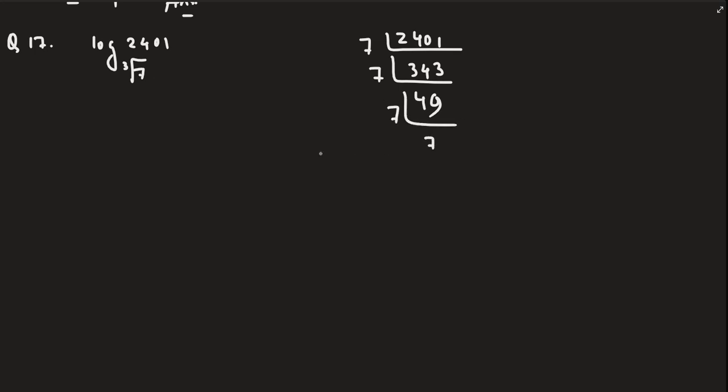Okay, now it is 7 power 4. So this number is 7 power 4. The base is 7 power 1 by 3. So 7 power 1 by 3 to which power gives 7 power 4? We multiply this number by which quantity so that the power becomes 4? So it is nothing but 12.